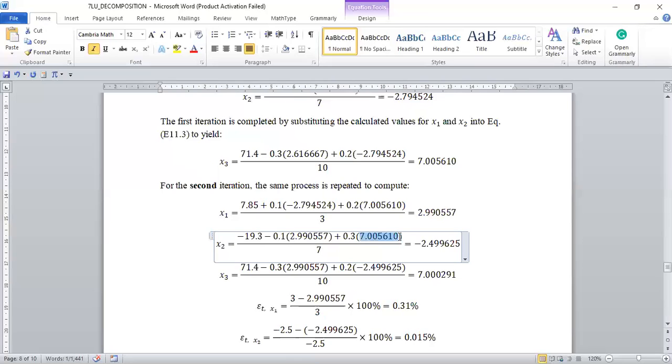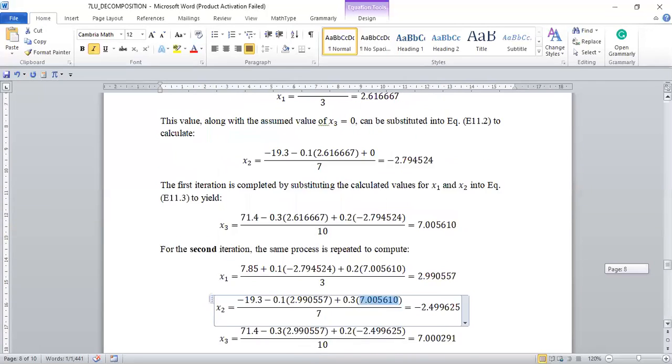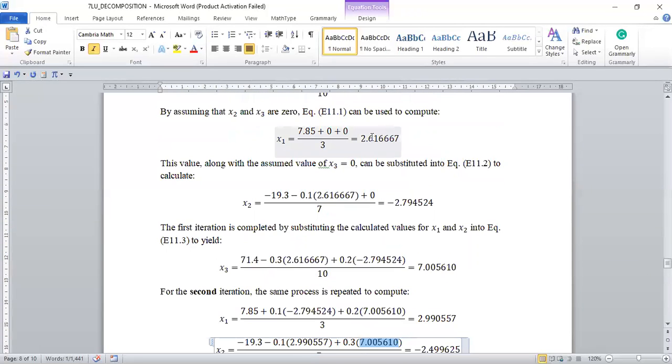But using Jacobi's method, it is the x1 you calculated in the first iteration that you're going to use. You're not going to use the current value at the current iteration. It is the values at the previous iteration you're going to use.